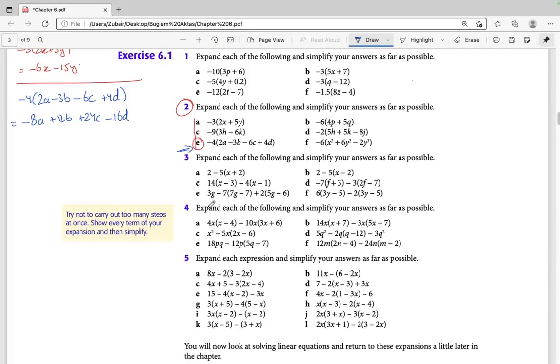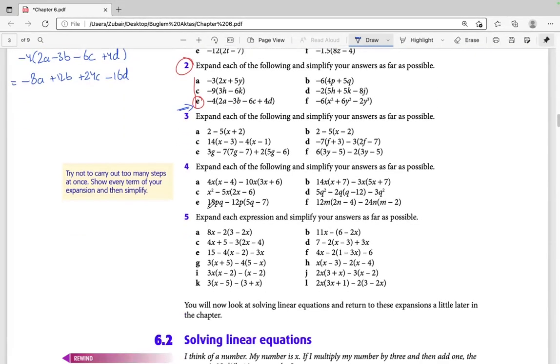And let's have a look at question number 3. The length of the question is increasing. There's no new concept.